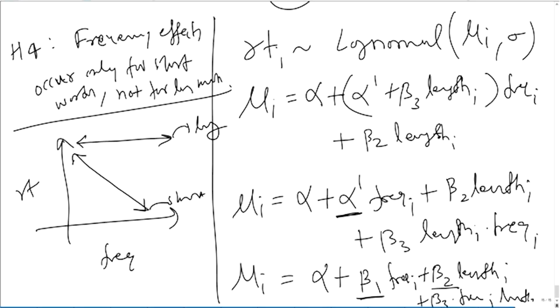Now, you can't test it using an interaction effect, okay? Because even if the interaction effect tells you that there is a difference between the two slopes, that does not imply anything about whether long words have a flat slope, a slightly negative slope or a positive slope. You can have a difference between slopes even if the long word line is going upwards.